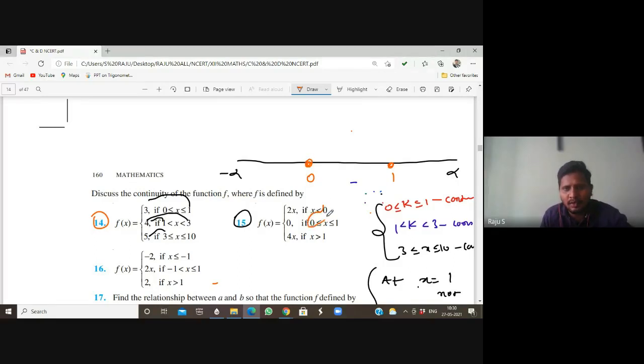At 0 they gave two conditions, at 1 they gave two conditions. So you draw an open circle like this at the particular point. Now lesser than 0 means other than 0, this part.